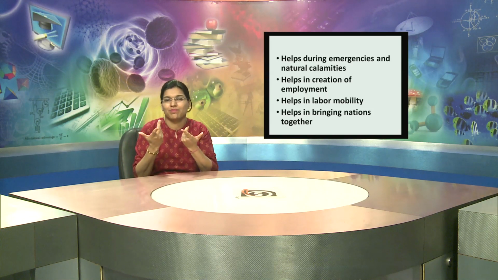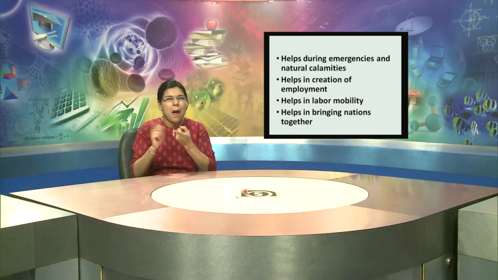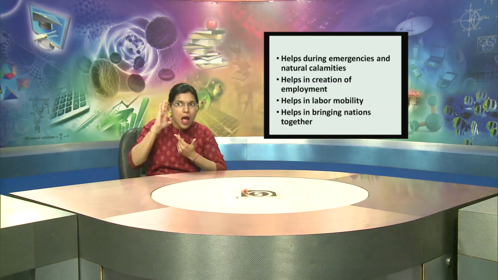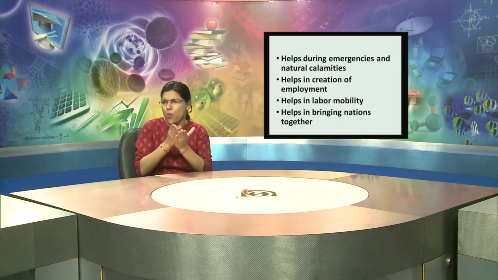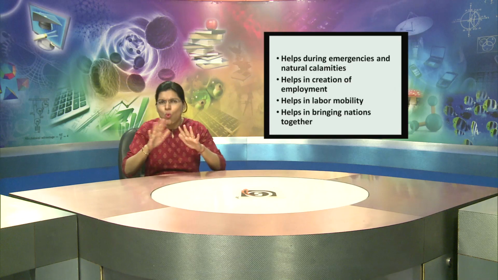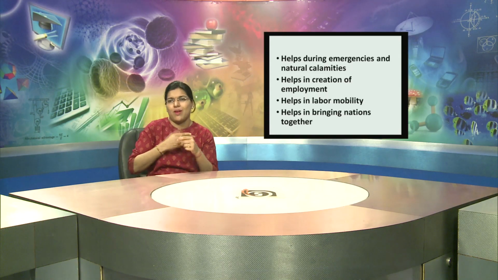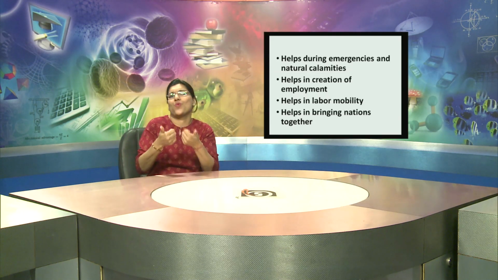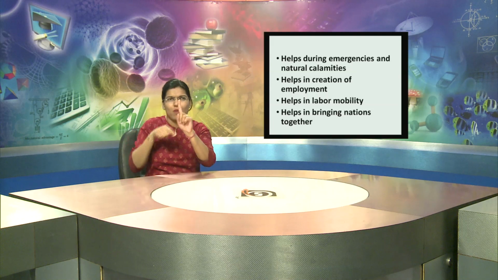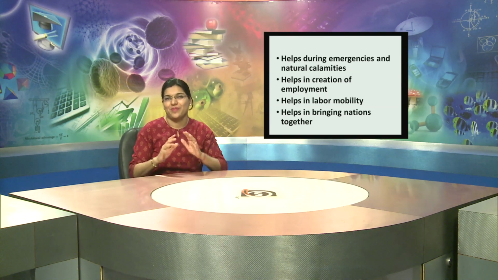For example, if we hear the news of a newborn baby, any death, any party, then we can travel from one place to another place easily through car, railways, airways. Transportation helps in connecting the whole country together.